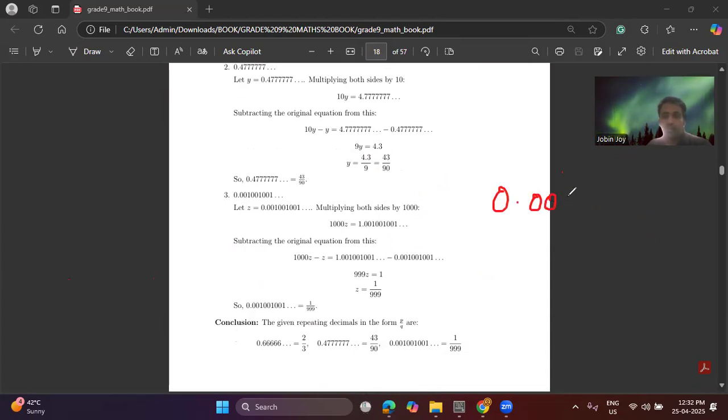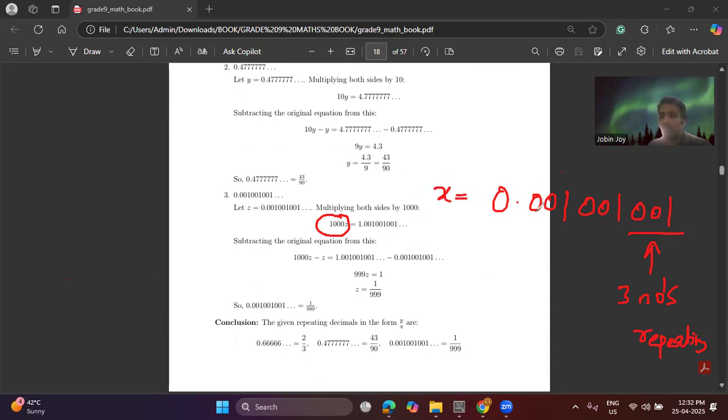Then the next problem is 0.001001001, etc. Here three numbers are repeating. That means you have to multiply with 1,000 because there are three numbers repeating. So first I am giving x equal to this, equation number 1. Then multiply with 1,000.